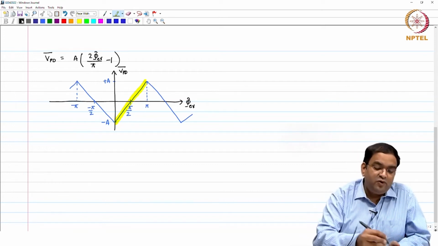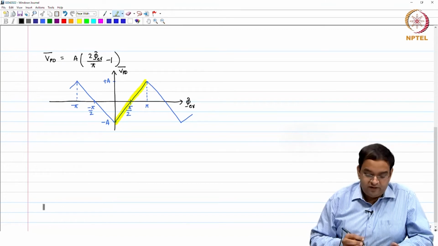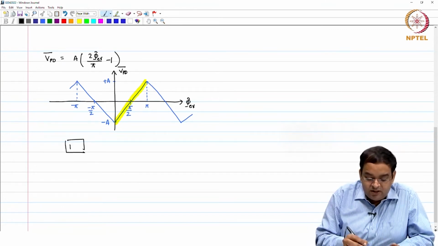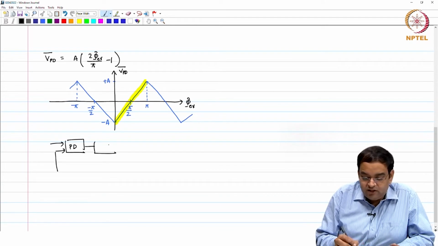Okay. If I am going to add this particular phase error detector in the PLL, just for an example, you take this phase error detector, you feed both your reference and the output signal, with loop filter and VCO.